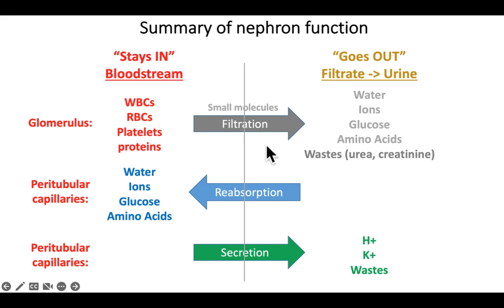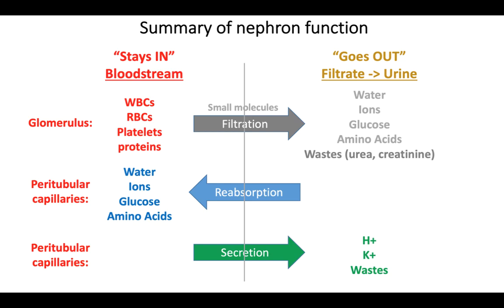So after these three steps, what you're left with is keeping this in your blood and getting rid of this, getting rid of wastes, hydrogen ions, so your urine ends up being a little acidic because of that, excess potassium, wastes. All right, so that's kind of your basic idea. All right, we're moving things, and then at the end of it all, hopefully we've kept what we need to keep in the blood, and we've gotten rid of what needed to leave the blood.